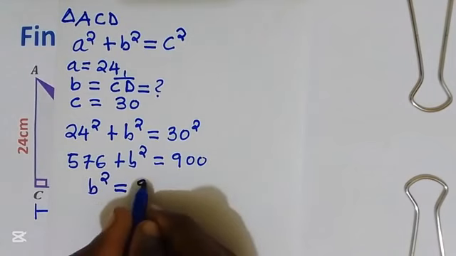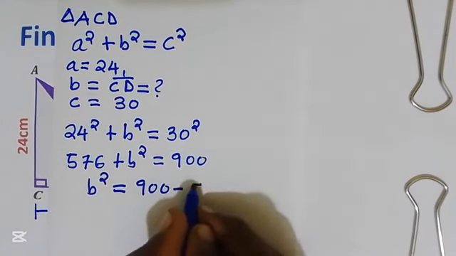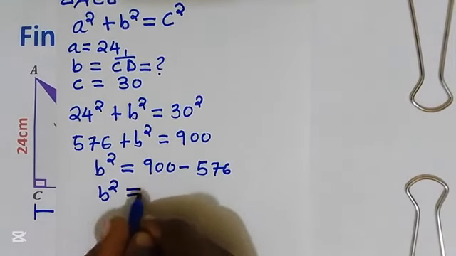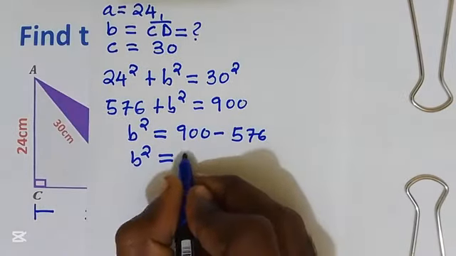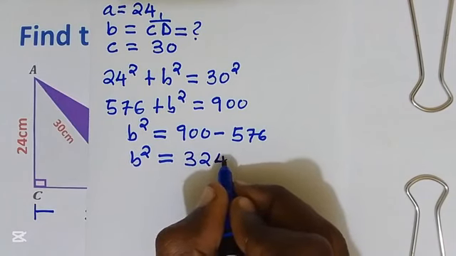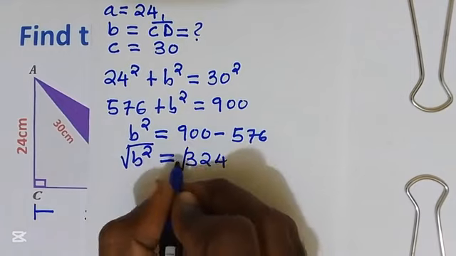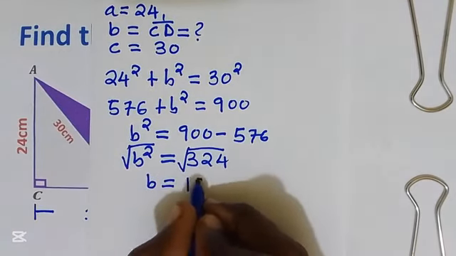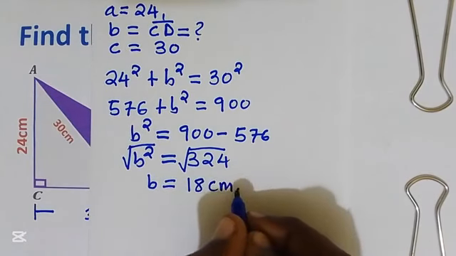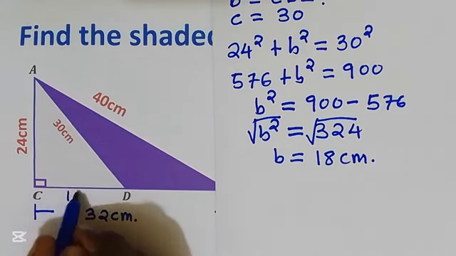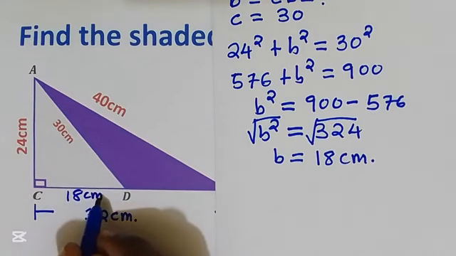This is equal to 900 take away 576. We got b square. This is equal to 324. Take the square root both sides. We get b. This is equal to 18 centimeter. So CD, this is 18 centimeter.